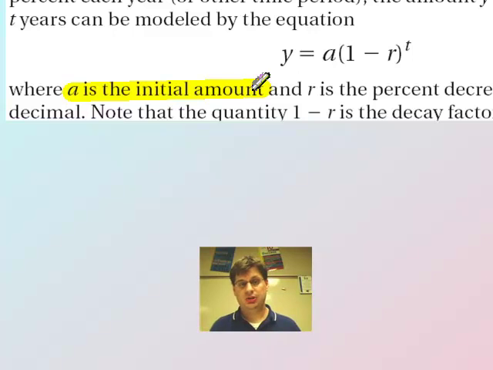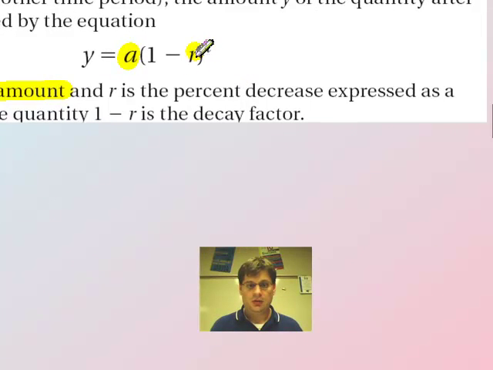It's not restricted to money like we do with the compound interest formula in the previous section. And so there's our a value, and then r is our percent decrease.